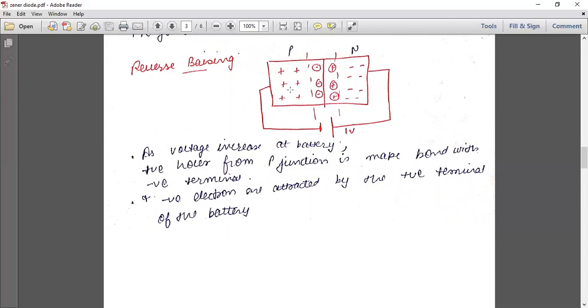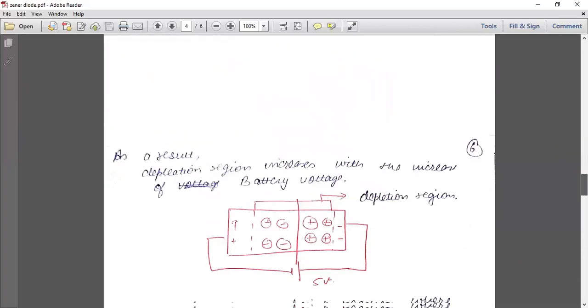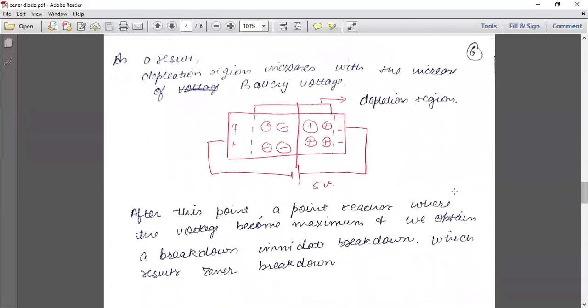As we increase the voltage, the depletion region increases, due to which after some time the flow of electrons will stop. Initially a very small amount of leakage current starts flowing, but at some point a voltage will be reached. Suppose we assume that the maximum voltage for the Zener diode is 5 volts.